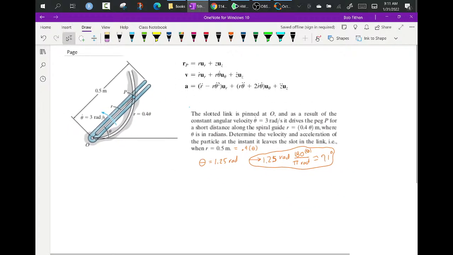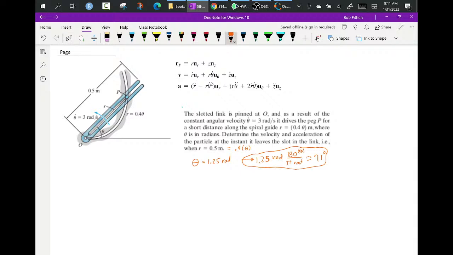So, facts. Theta is equal to, okay, you've got a choice. In this particular choice, I'm going to say 1.25 radians, or roughly 71 degrees.